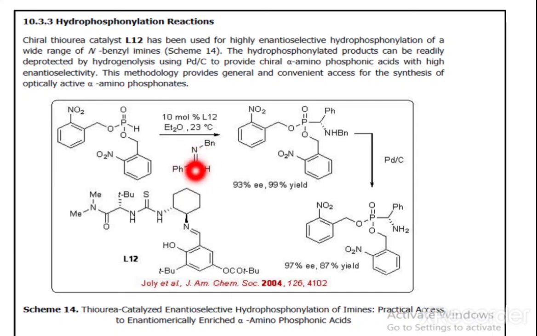Now this N-benzyl imine is treated with the nitro group reagent. The hydrophosphorylated products can be readily deprotected in the presence of palladium on carbon, and here we get an 87% yield. This methodology provides a general and convenient access for the synthesis of optically active alpha amino phosphonates.